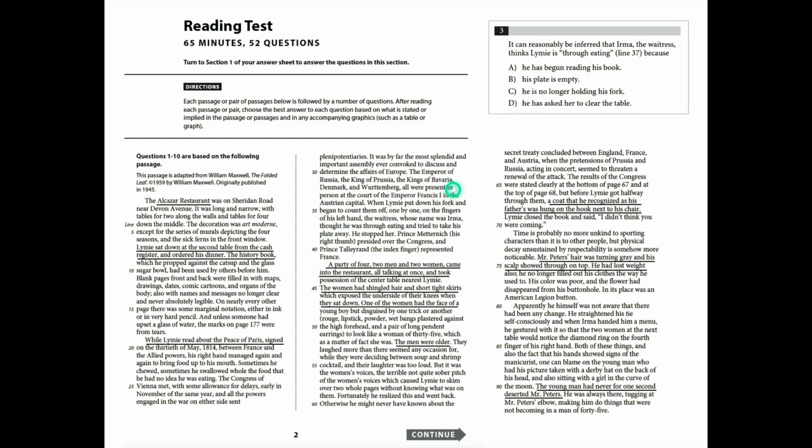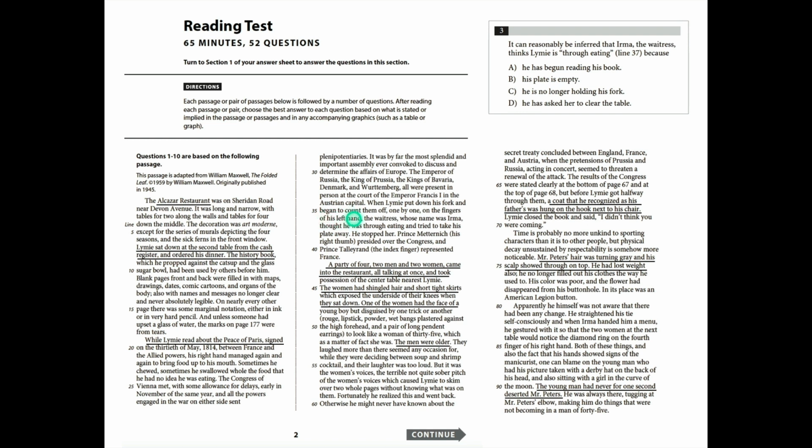Oftentimes, when you're given a line of reference in a question, you're going to have to read a little bit beforehand and a little bit afterwards to get an idea as to what's going on.